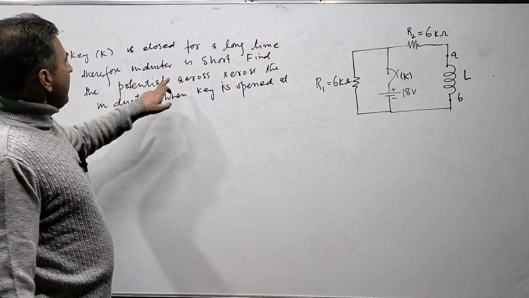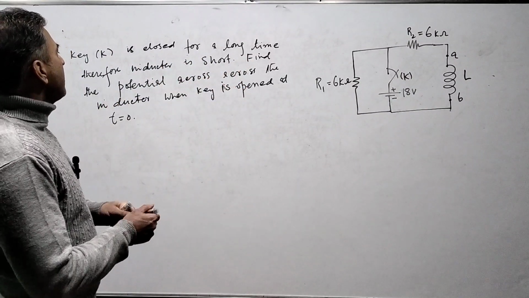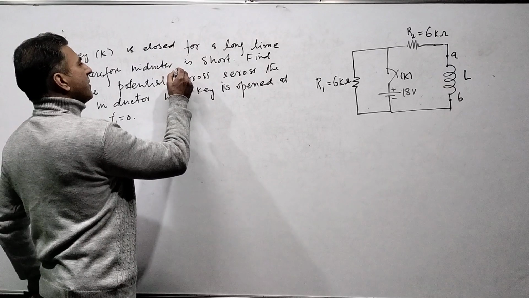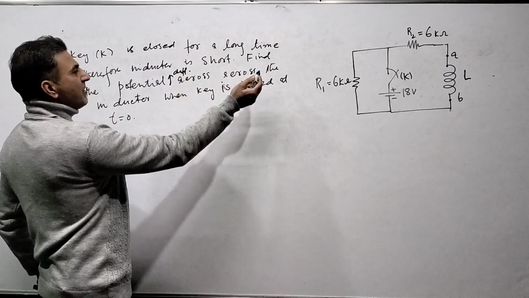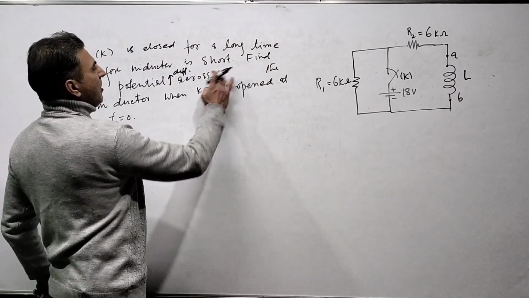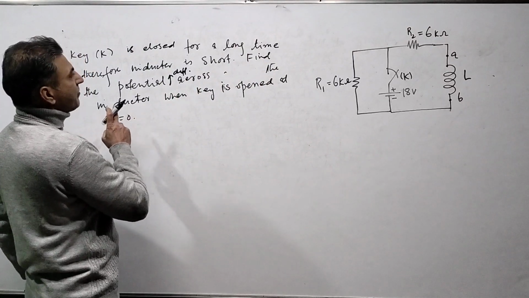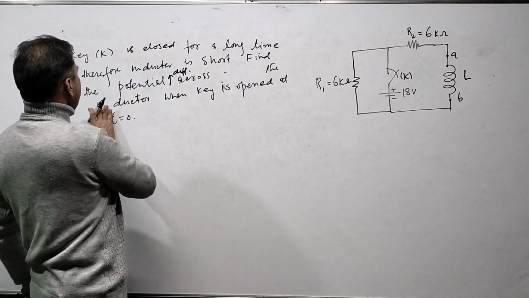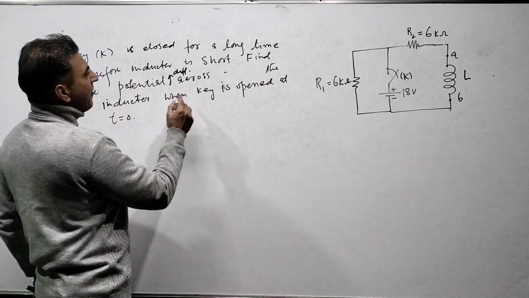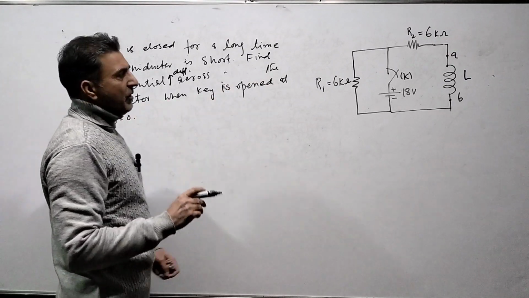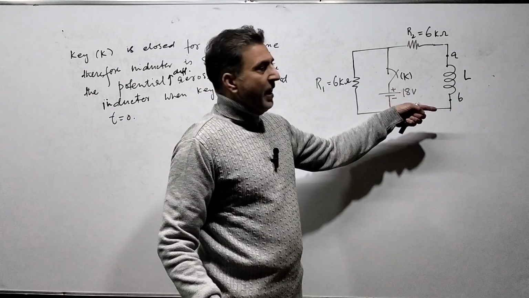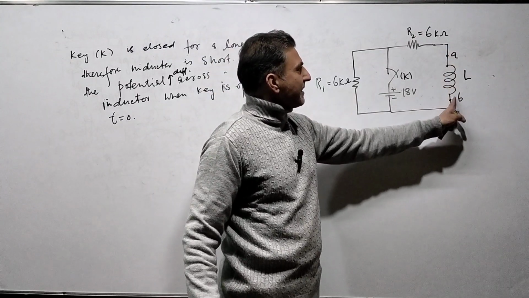Find the potential difference across the inductor when the key is opened at t equal to 0. When you open the key, I have to find what the potential difference across the inductor should be.